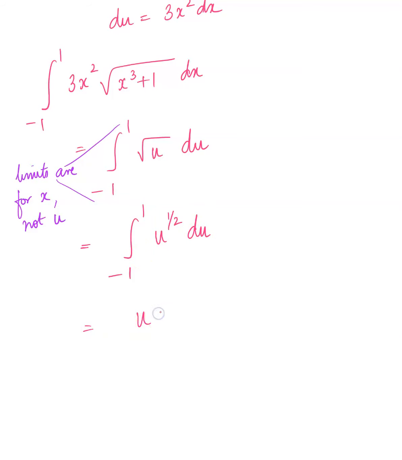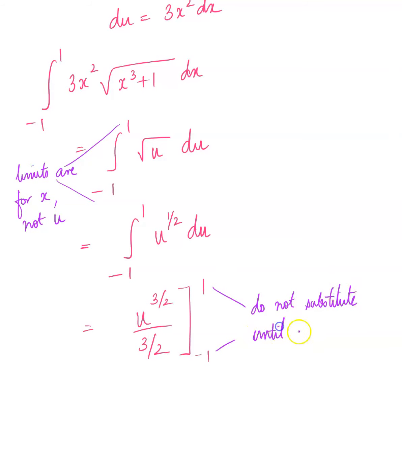So that's going to be u power half plus 1, which is 3 over 2, over 3 over 2, negative 1 to 1. Again, let me remind you: do not substitute until you have replaced u with x.